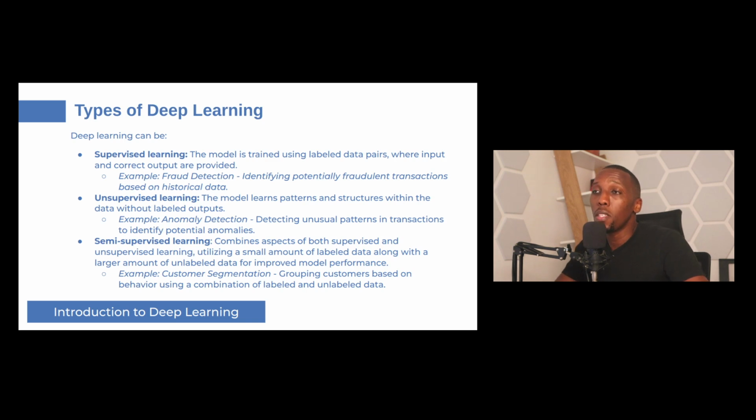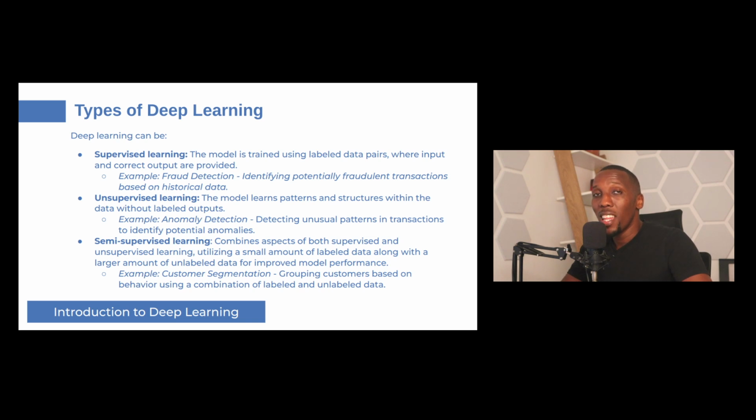The different types of deep learning that we'll get to come across. This workshop, which is an introductory course, majorly focuses on the supervised learning aspect of deep learning. However, it's important to take note that there are different types of deep learning, which could be supervised learning, where you train your model using what is called a training data set that has a label, has a target.